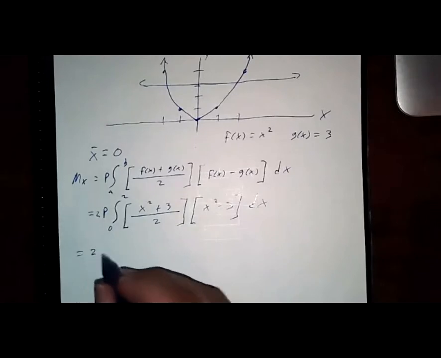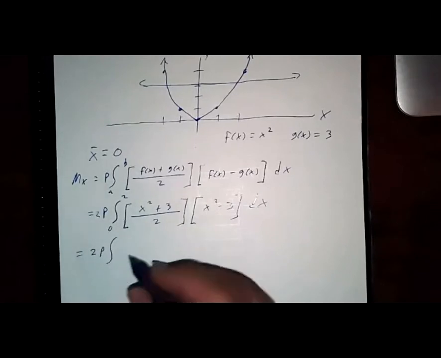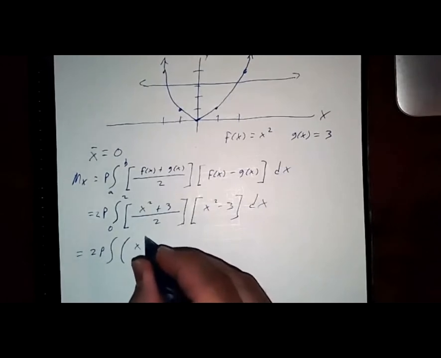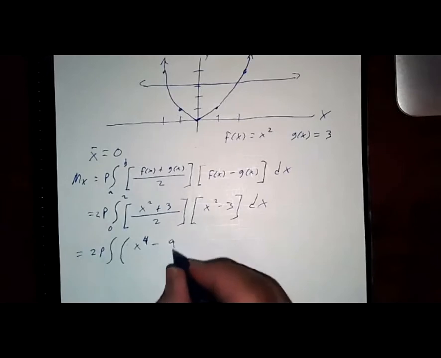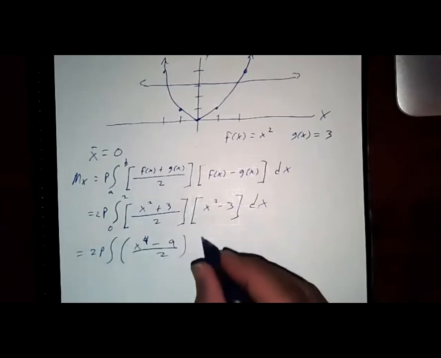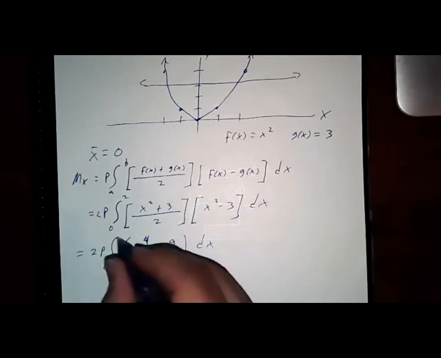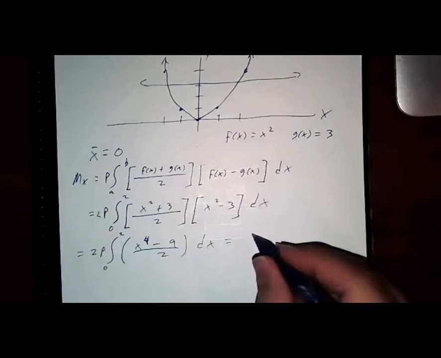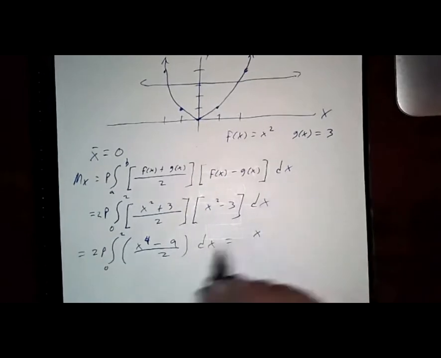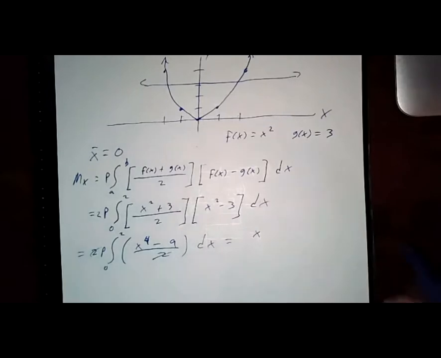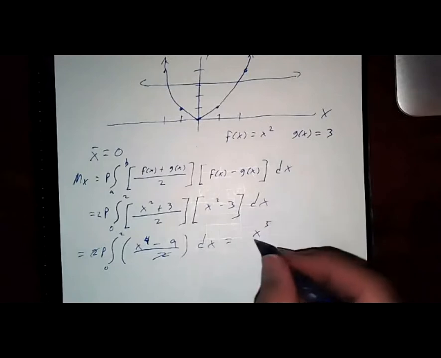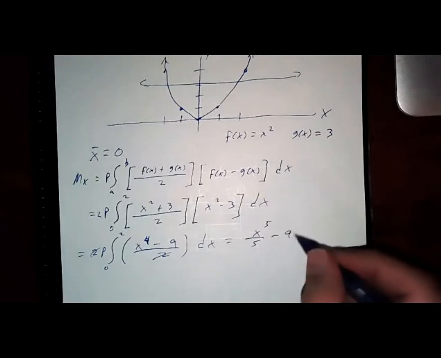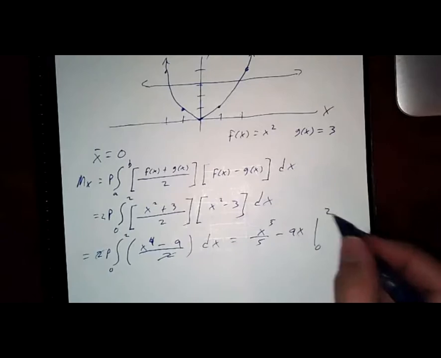Okay, so that'll give us 2 rho times x to the 4th minus 9 over 2 dx. Actually I can cancel these 2's, huh? Nice. That'll be x to the 5th over 5 minus 9x, 0 to 2.